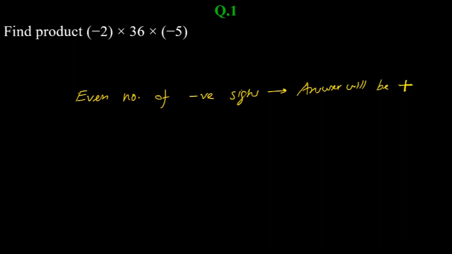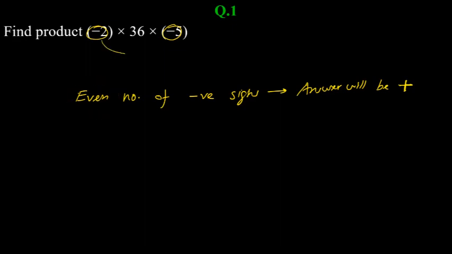If you have even number of negative signs in multiplication, the answer will be positive. So here you have 2 negative signs and 2 is even. It means answer will be positive.